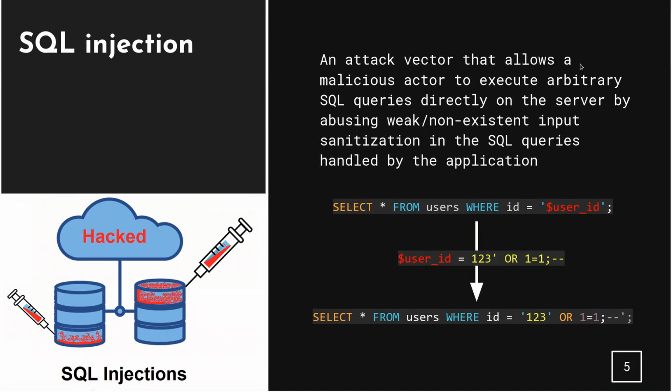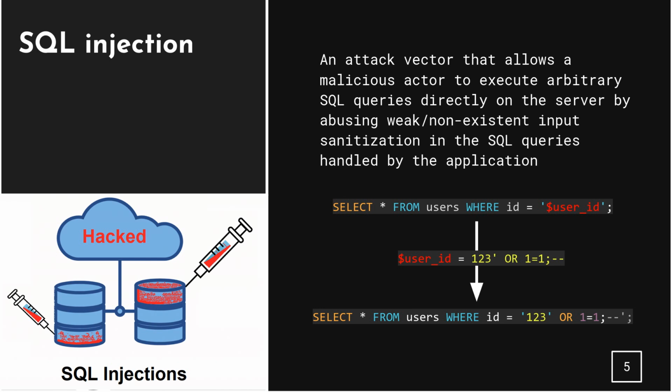So we basically covered a quick refresher on SQL. Now we can talk about SQL injections. SQL injection is a vulnerability that enables an attacker or malicious actor to execute arbitrary SQL queries directly on the remote database server. So basically they get total control of the database server.